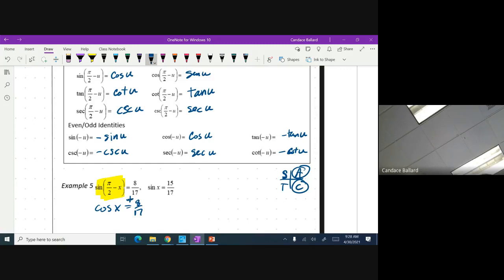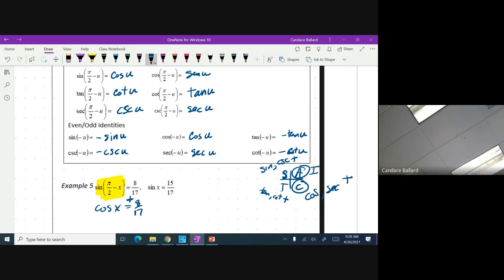Let's review this. Remember that they are all positive in quadrant 1. In quadrant 2, only sine and cosecant are positive. Everything else is negative. In quadrant 3, tangent and cotangent are positive. Everything else is negative. And in quadrant 4, cosine and secant are positive.